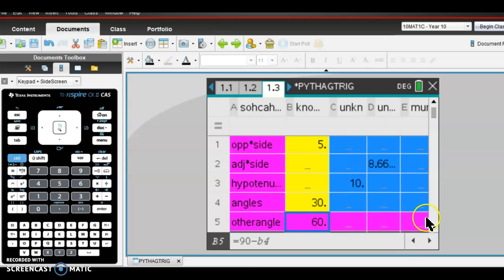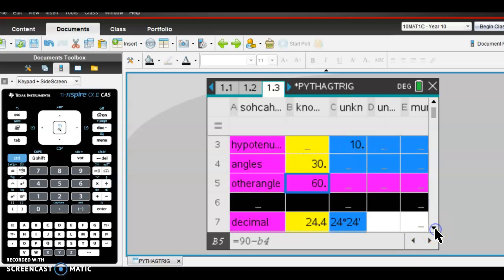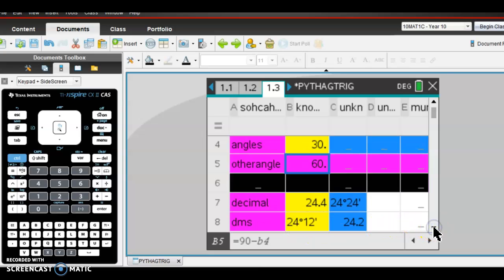file. One other thing that you may require is converting decimals to degrees and minutes and vice versa. So for instance, if I put in there 30.5 degrees, that should give me 30 degrees, 30 minutes. So easier.